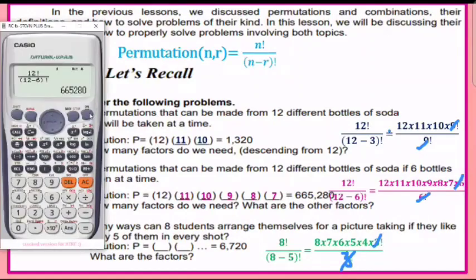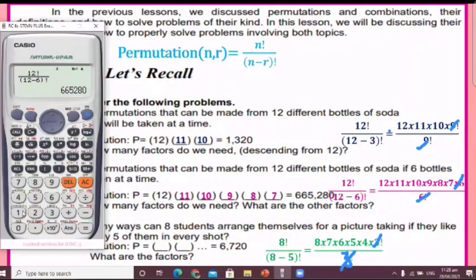Using the calculator, we have 8, factorial sign, taken by 5, is equals to 6,720 itself. Kuha po ba kung paano ang application ng ating long method and the calculator itself?